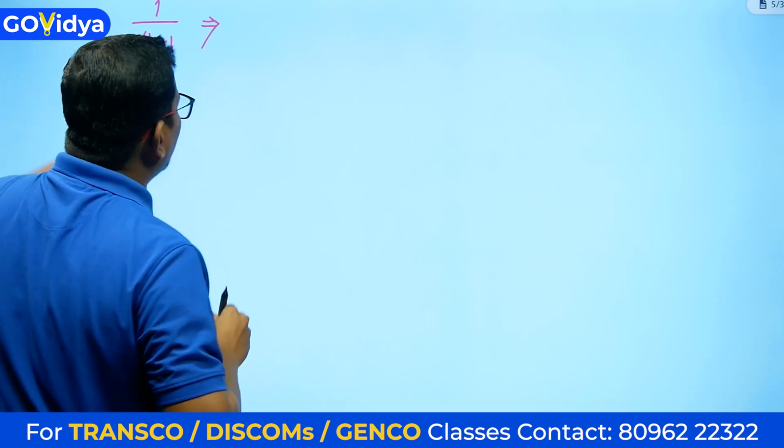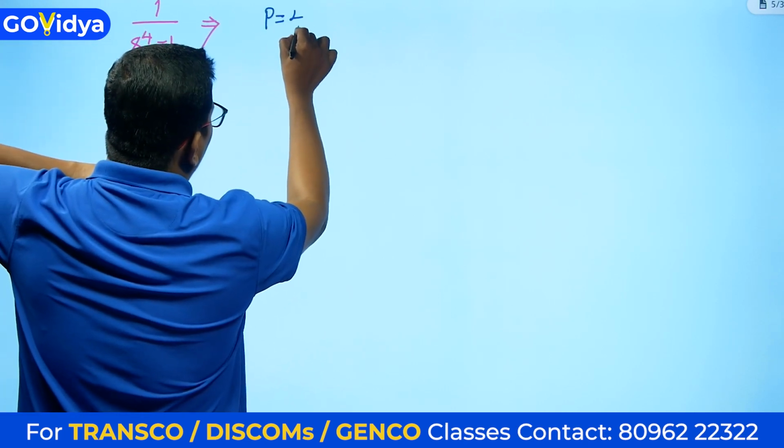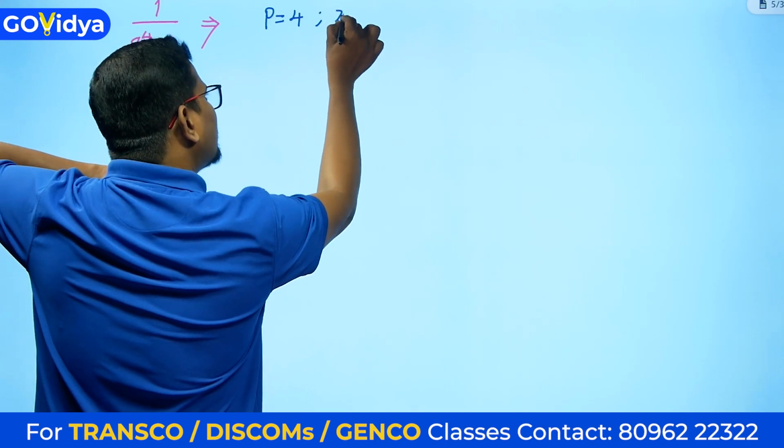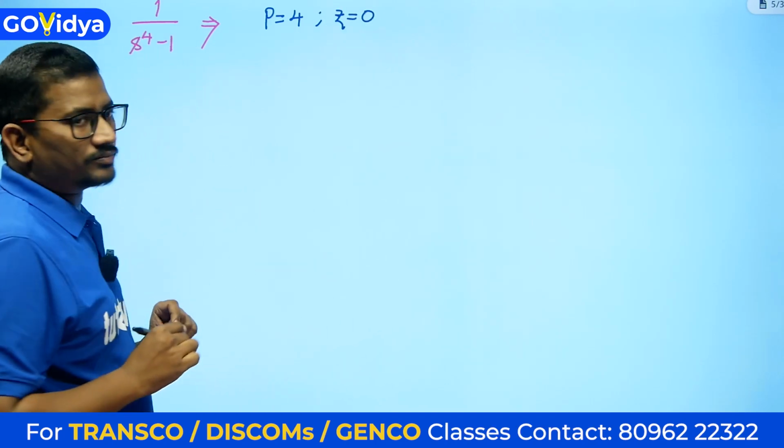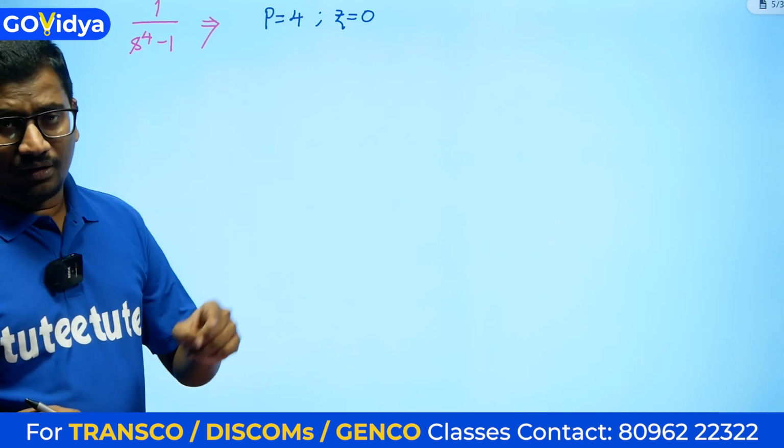That implies, can you tell me how many poles are there here? Number of poles equals 4. How many zeros are there? Number of zeros equals 0. Therefore, how can I calculate the angle of asymptotes?